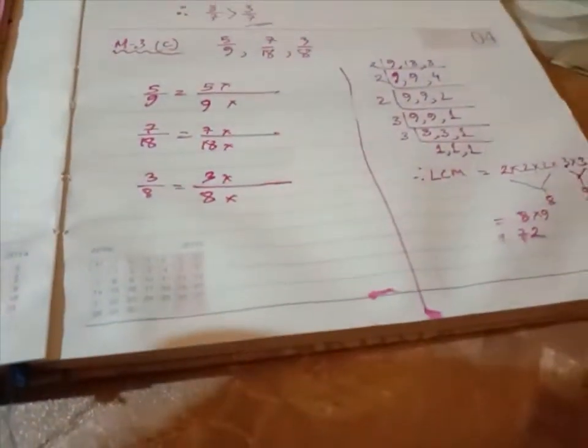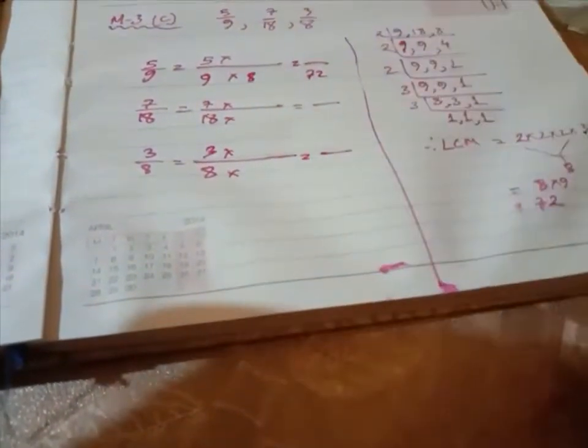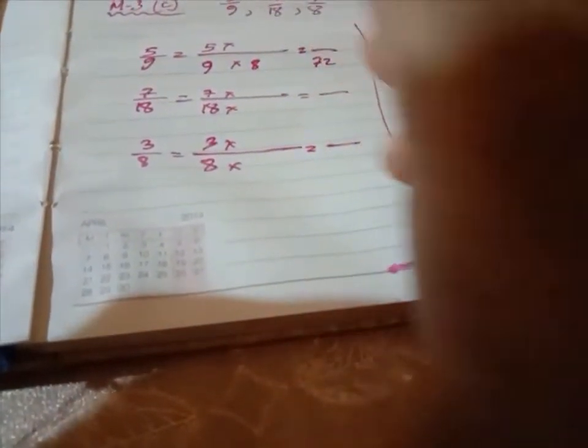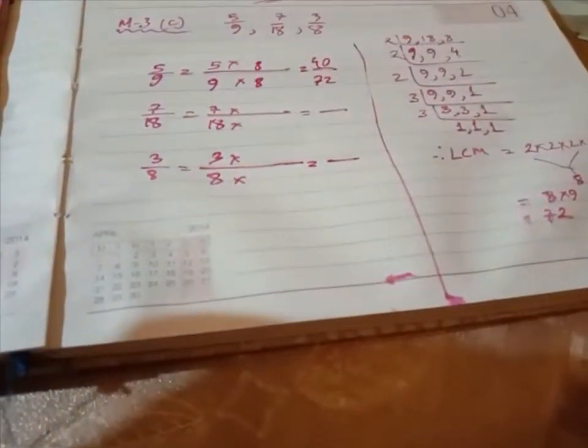Now if we multiply 9 with 8, we will get 72. So we will multiply the numerator also with 8. So 5 into 8 is 40.